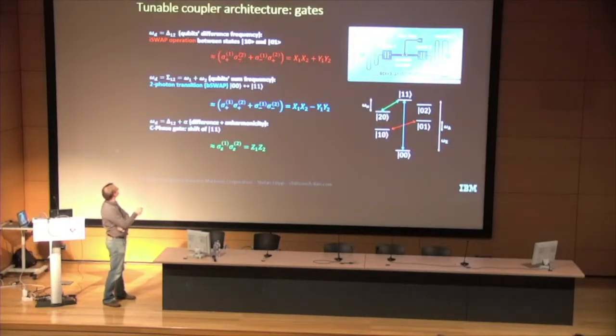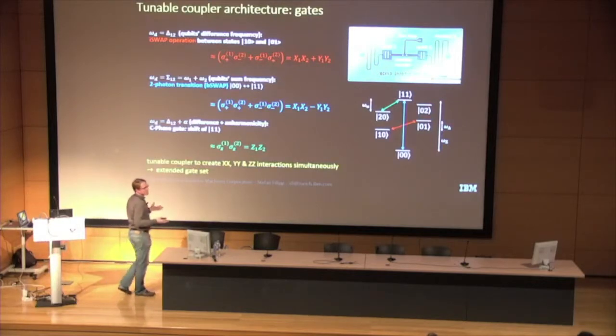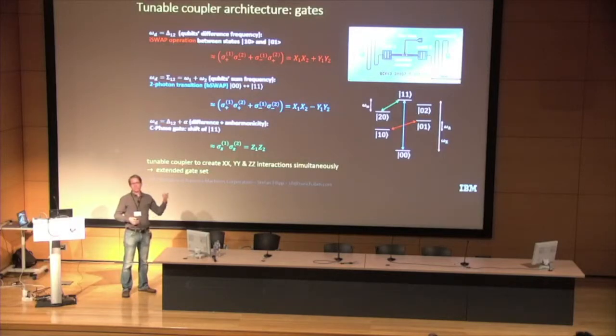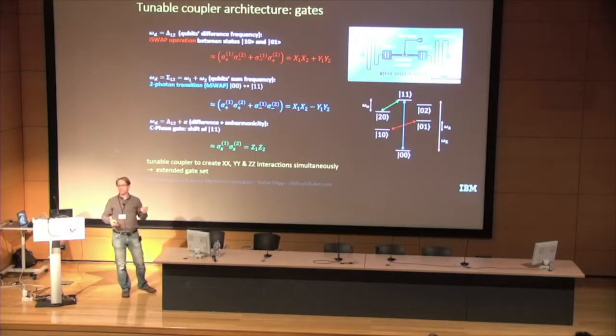So we are getting these iSWAP operations that we can use for quantum chemistry simulations. On top of it, we also find other gates. For example, this bSWAP gate, where we go directly from the ground state to the two excited states. And with this mechanism we can also implement CZ gates. So we get an extended gate set, which is potentially relevant for finding the right state in Hilbert space efficiently with short-depth circuits.